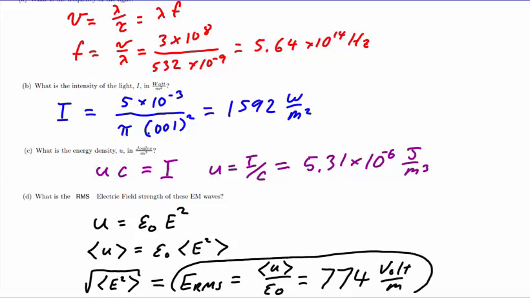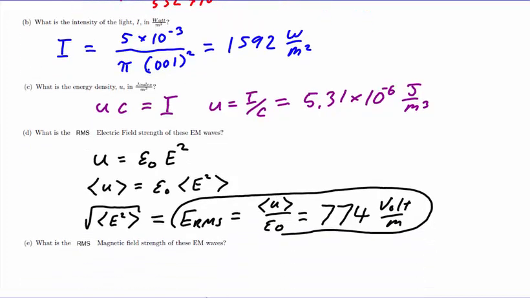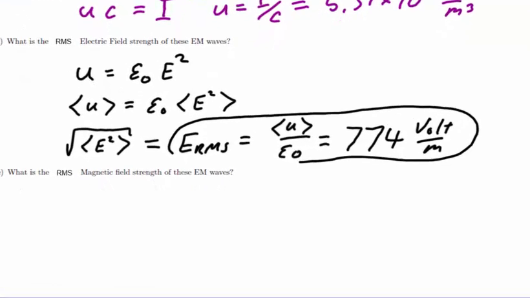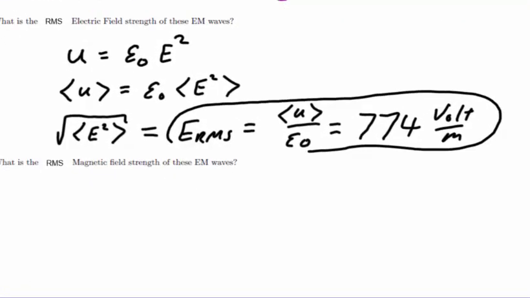Finally, we need to calculate the RMS magnetic field produced by these electromagnetic waves, and we recognize that in any electromagnetic wave, because the electric and magnetic fields are self-supporting of one another, they cannot occur in an arbitrary ratio. In particular, we learned that the electric field is equal to the speed of light times the magnetic field.